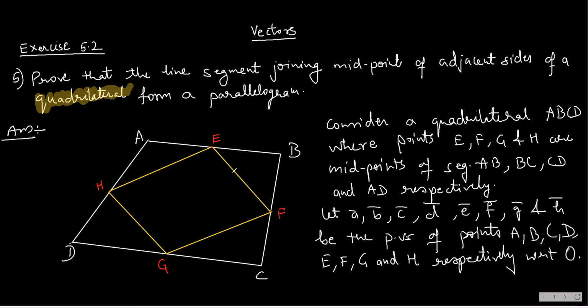So now check this out. We have to use a vector method to prove that quadrilateral EFGH is a parallelogram.